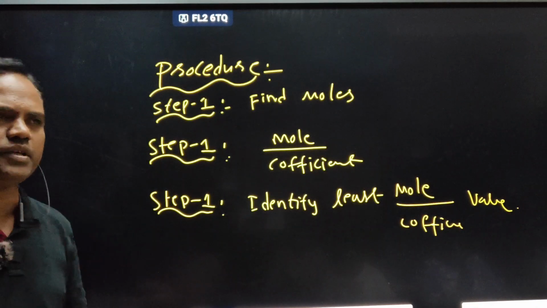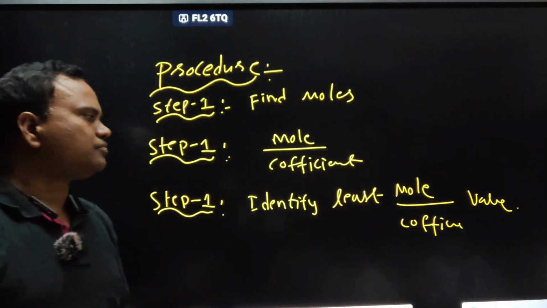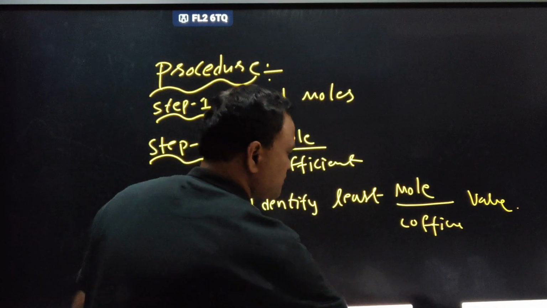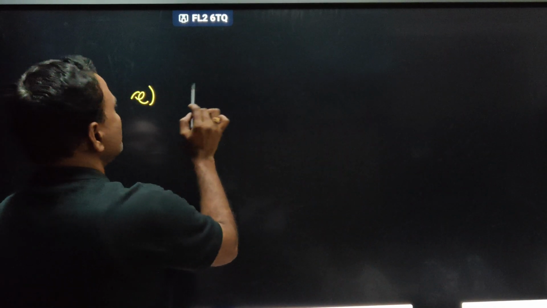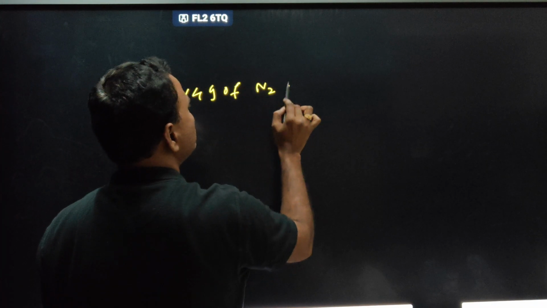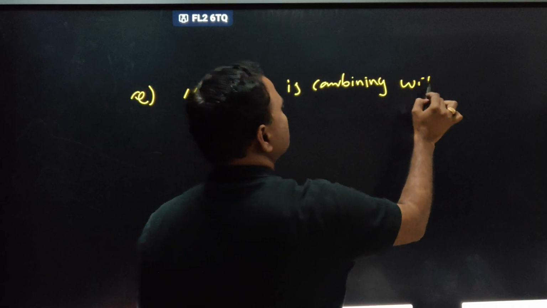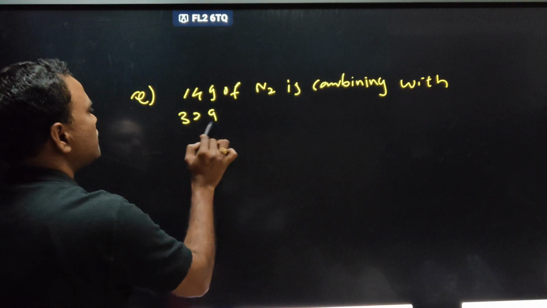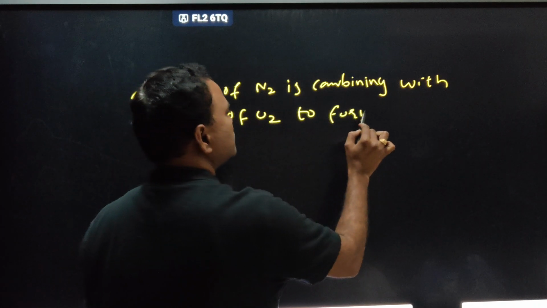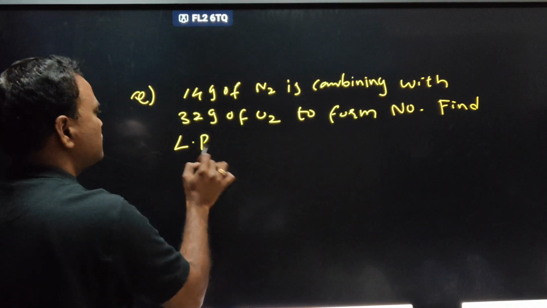Let us do one question, we can understand easily. Note down one question to understand this. 14 grams of N2 is combining with 32 grams of O2 to form NO. Find LR, find limiting reagent.